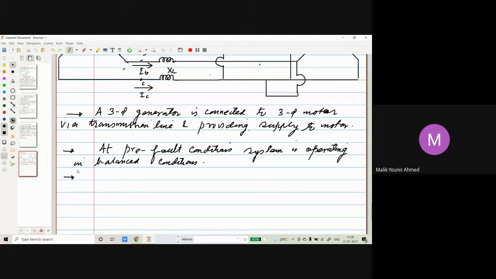Now this is the normal operation of the power system. Nothing is happening. The three-phase generator is connected to the three-phase motor, pre-fault conditions are there, and we don't have any sort of abnormality in the power system. But let's say suddenly a balanced three-phase load is connected.